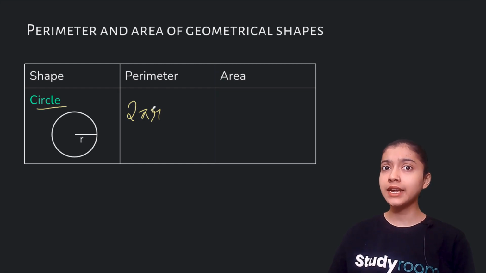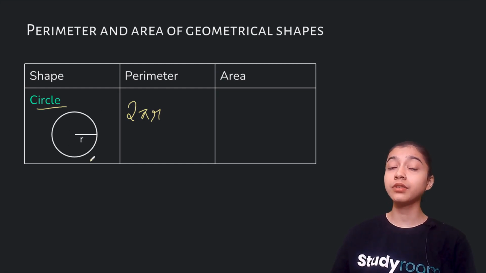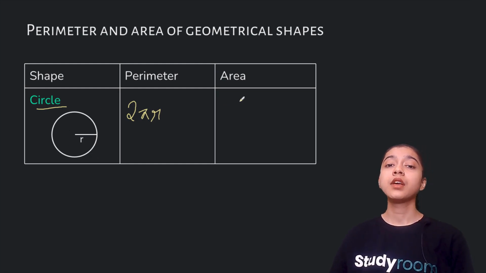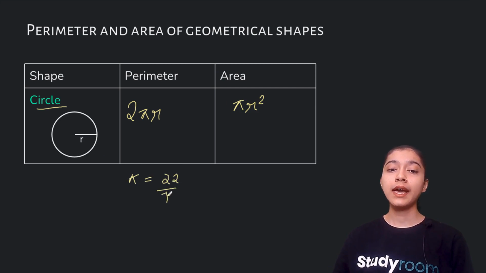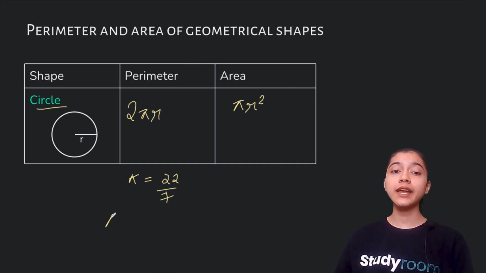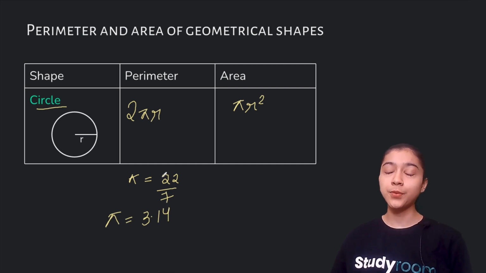Moving on to the area, that is the region enclosed within the boundary, it will be pi R square, where R is the radius of the circle and the value of pi is equal to 22 by 7, or sometimes we also write the value of pi as 3.14 for calculating our problems.